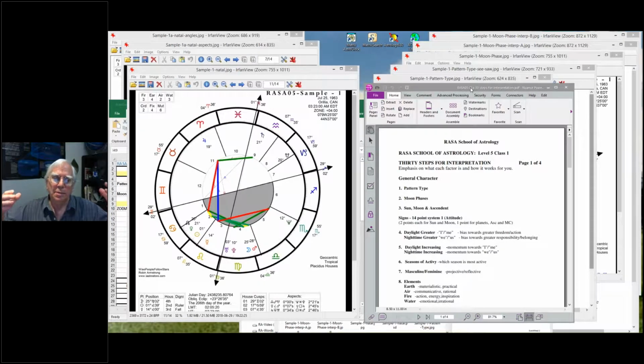So by doing these 30 steps, you're covering a thorough assessment of a chart. There's other things you can add and you may add later, but this is enough to get a thorough basic understanding of a chart and of navigating through what you can see, what can be discovered from it.